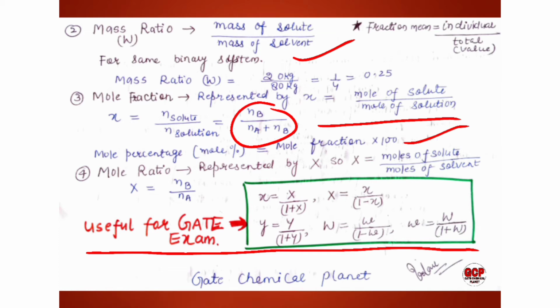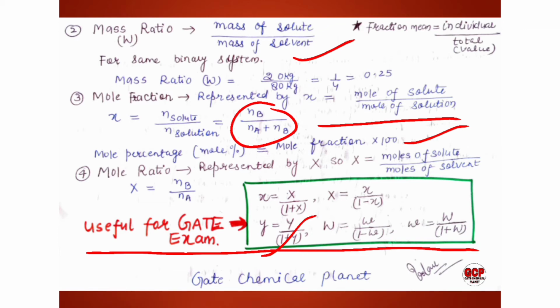Small y equals capital Y divided by 1 plus capital Y. And capital W equals small w divided by 1 minus small w. And small w equals capital W divided by 1 plus capital W. So I think it is clear to all the students because it is very simple, and remember all these formulas.